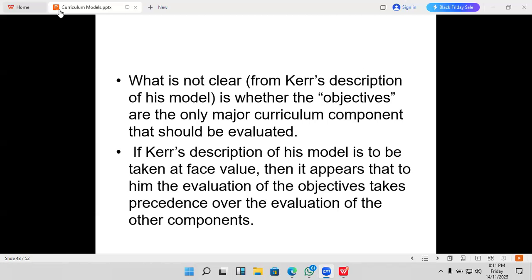Unexpected development objectives could be achieved through the activities that take place in the schools.